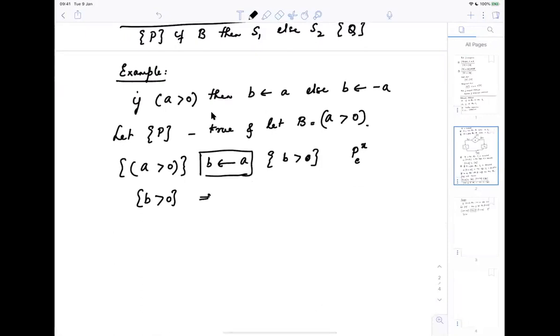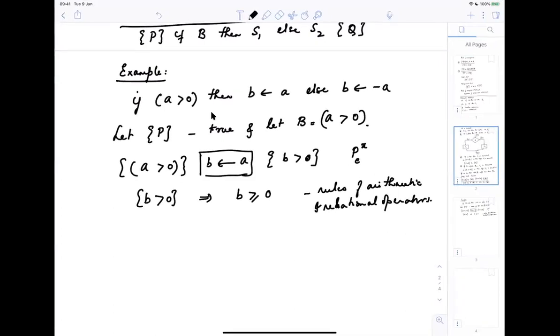This implies B is greater than or equal to 0. Simple rules of arithmetic, right? And relational operators, right? Now, suppose B is not true.